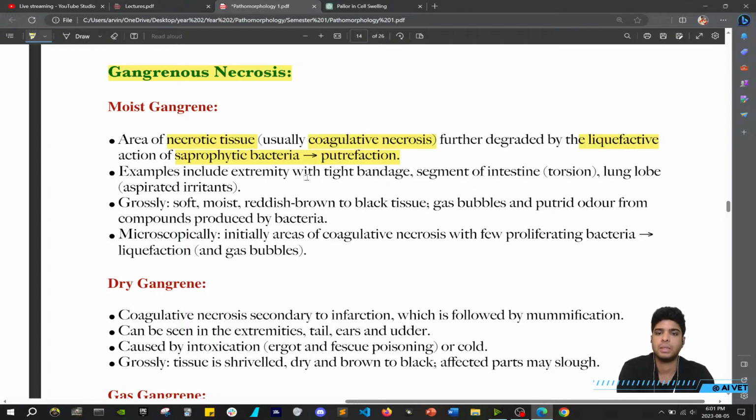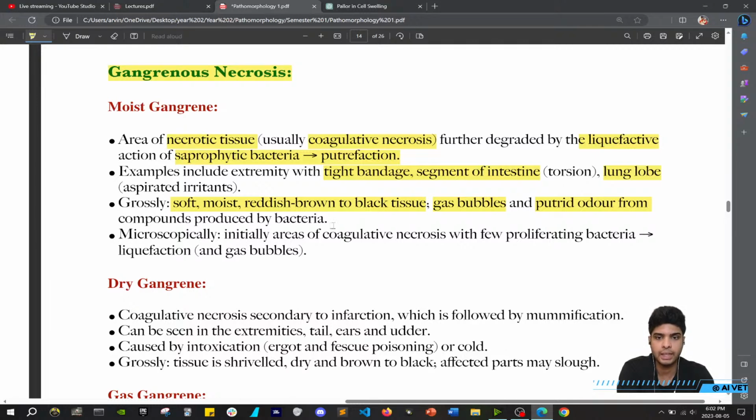Examples include an extremity with tight bandages, a segment of intestines, and a lung lobe. Grossly soft, moist, reddish brown to black tissue. That's the wet one, the moist one. Gas bubbles form and a putrid odor comes out of it.